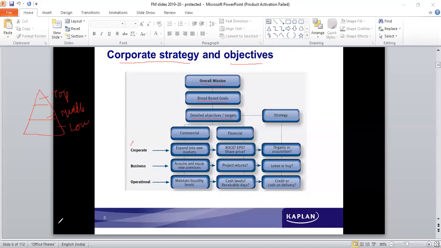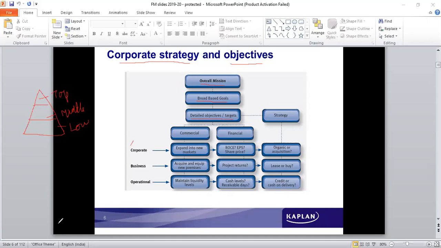What will the organization achieve? What will the organization take up? What will it do as a whole? It is not deciding for each unit of the organization. It is for the entire organization as a whole. What the organization would achieve is decided or planned by the top management, the corporate level.